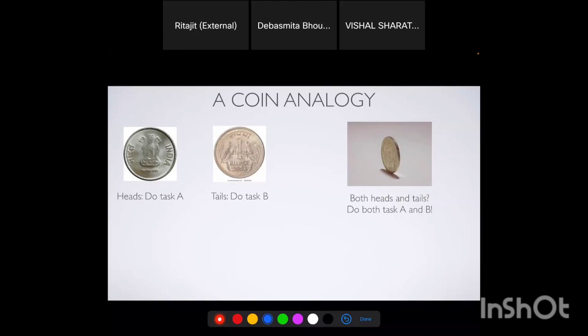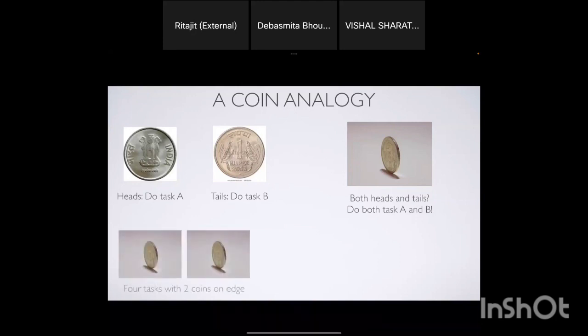Now using just one coin, you have been able to perform two tasks, whereas you would have needed two coins beforehand. What if you have two coins on the edge? Now you can do four tasks: two tasks for the first coin, two tasks for the second coin. On the other hand, if you were doing this with either heads or tails, you would have needed four coins.